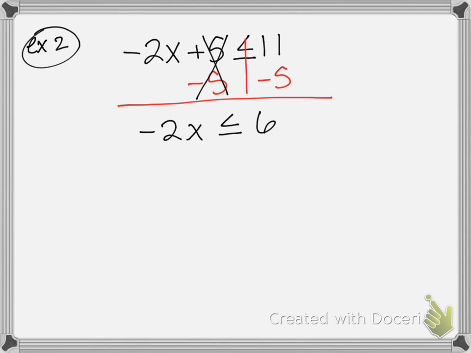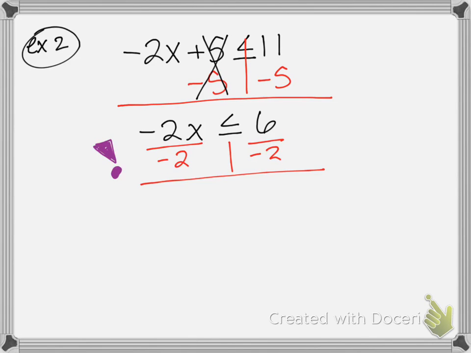Okay. Now we have this negative 2, and it's being multiplied to the x. So here I am going to be dividing by negative 2, right? But this is an alert, right? I'm going to put like a little exclamation mark. Why is it like a little exclamation mark? Because I am dividing by a negative.